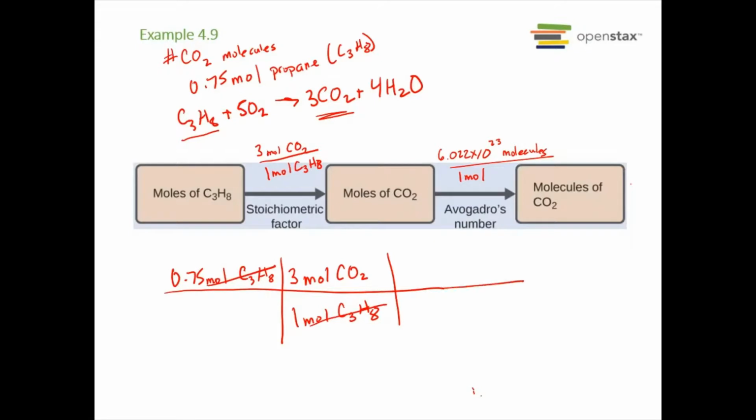And now we want to go from moles to molecules. And there's 6.022 times 10 to the 23rd molecules for every 1 mole. In this case, this is CO2. We can see moles of CO2 cancel. And when you plug that into your calculator, you are left with 1.4 times 10 to the 24th CO2 molecules.